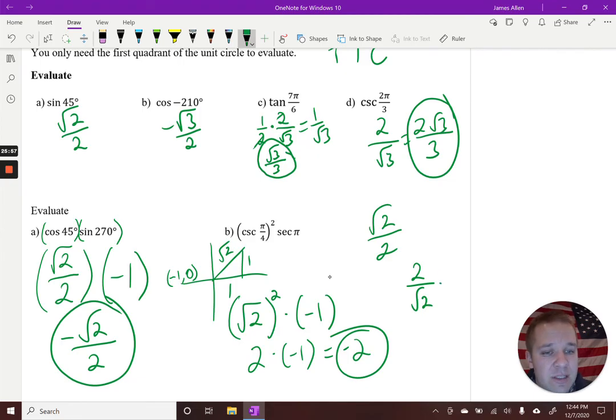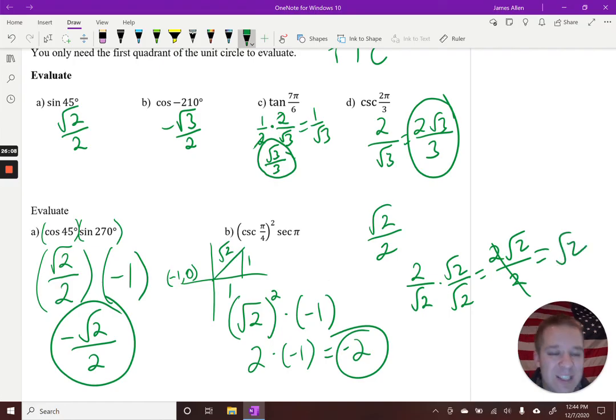And now I need to rationalize that by multiplying by root 2 over root 2, which gives me 2 root 2 divided by 2. Simplify, and I'm down to just root 2. That's a lot of work. It's a lot of just different simplifying and rationalizing. Whereas here, I drew my triangle up and I just did hypotenuse over opposite.